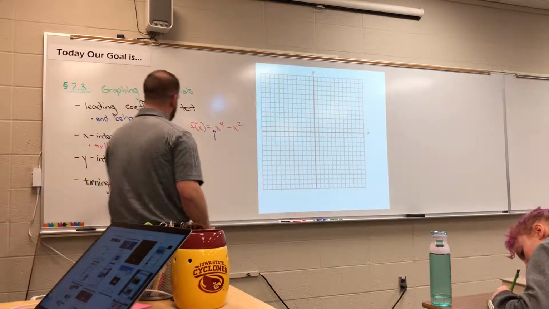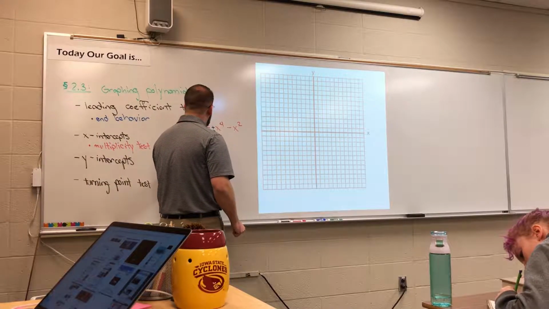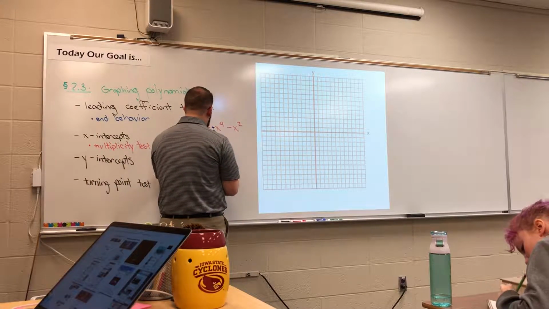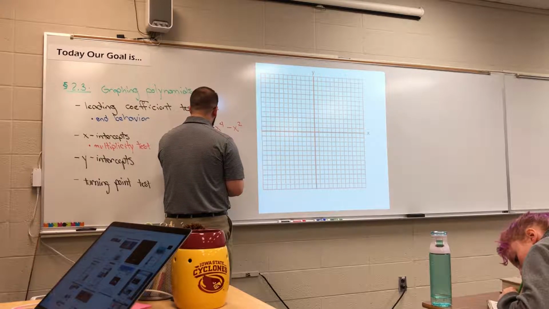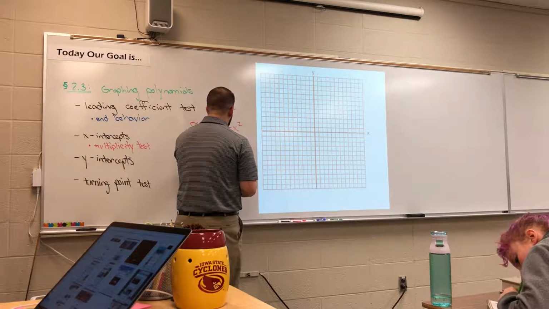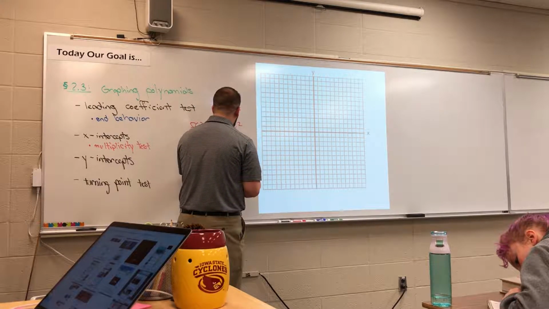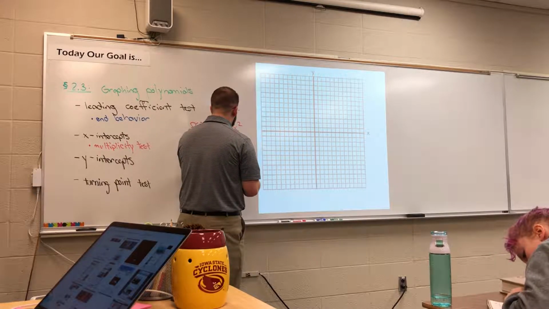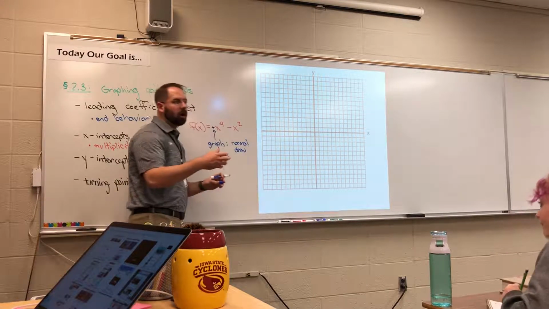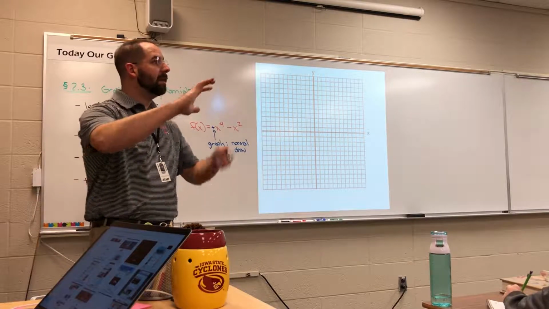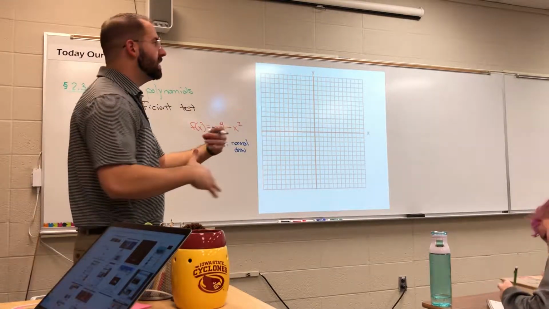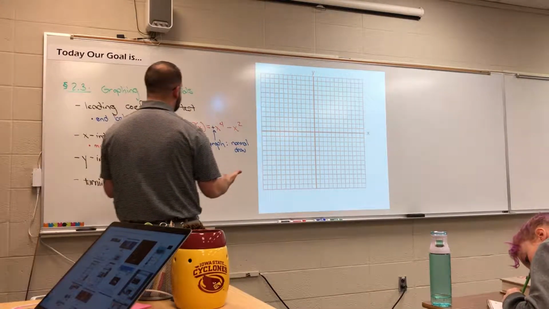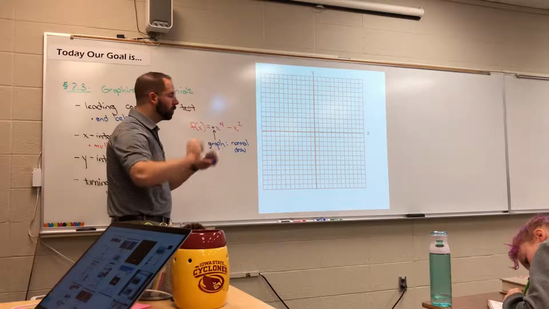Positive. If it's positive, the graph will be a normal sketch. If it was negative, the picture flips over and goes the opposite direction. So since it's positive, this graph will be normal, quote unquote.